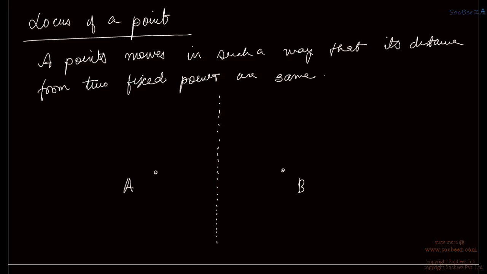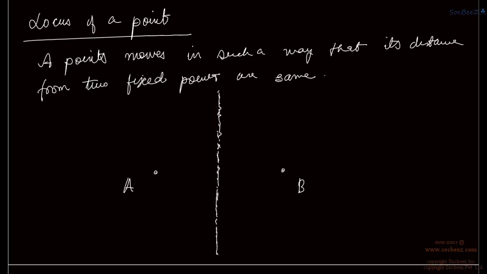So C will be moving like this, on this line. So this point will have a geometry. If this point moves, then this point will have a geometry like this. Okay, so this is the locus of this moving point C.